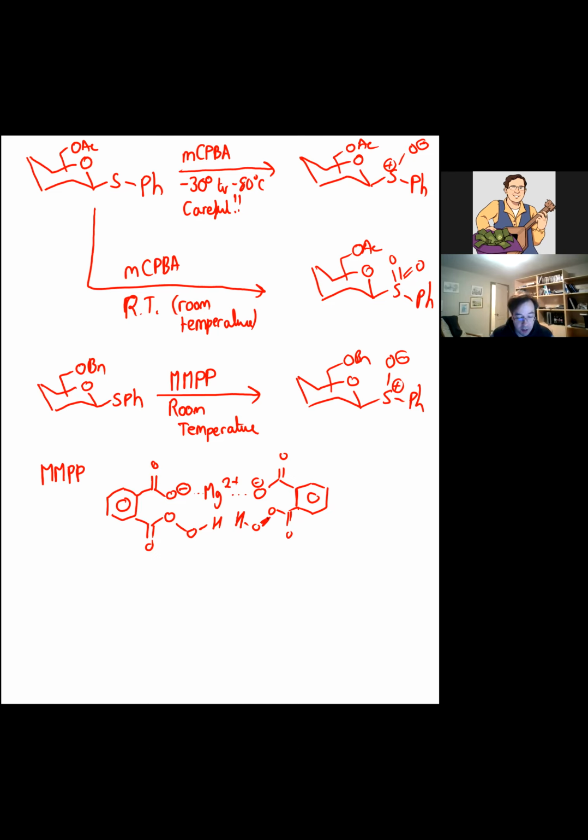The mechanism for why exactly it is so gentle might be known, and it's probably not mechanistic, like arrow pushing doesn't differentiate. It's probably just energy differences between transition states. I don't fully understand why this is less reactive. Like I can wave my hands with the best of them, but I don't really convince myself.